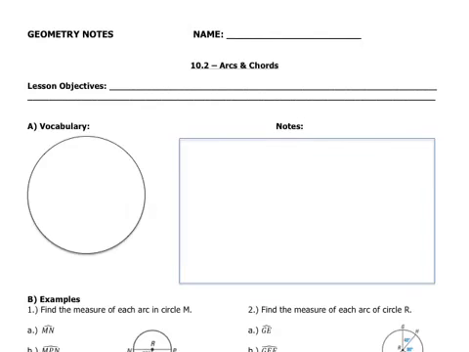What we are looking at today is what we call central angles. We are going to define central angles and look at the relationship that central angles have to what we call their intercepted arcs.